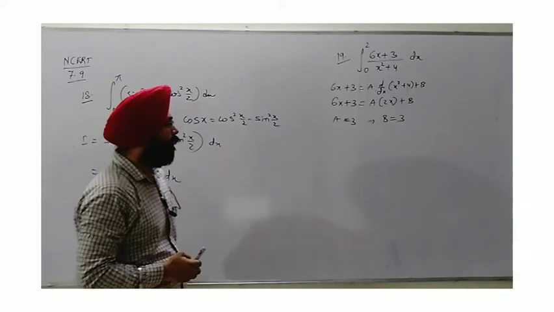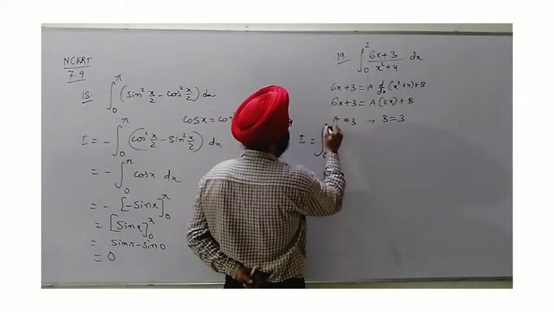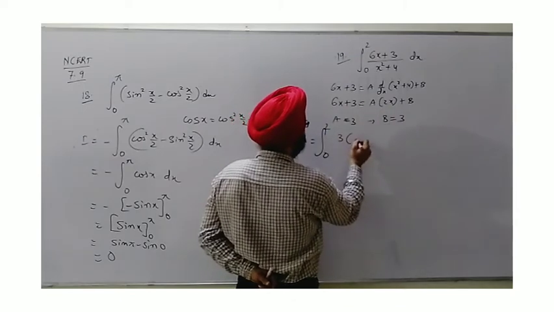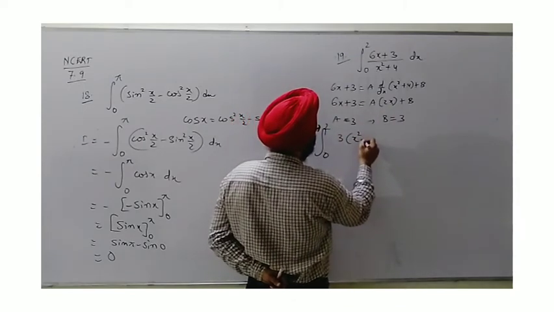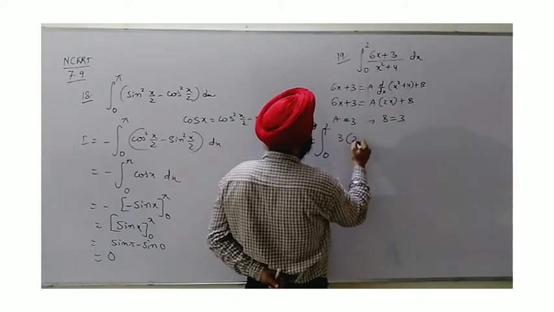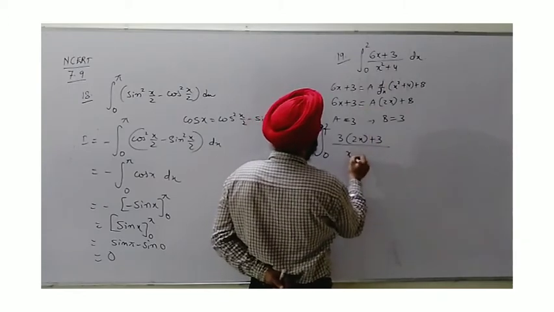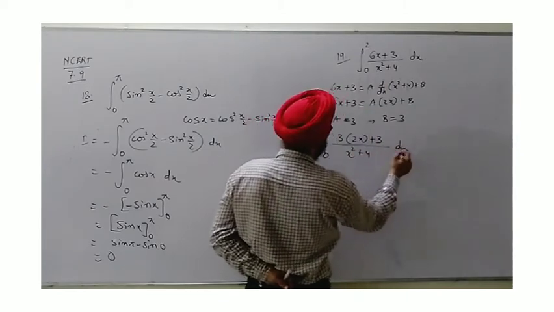Both of them are 3 here. Okay. Now after this we can split up the given integral from 0 to 2. This will become thrice 2x plus 3, 6x plus 3 is equal to that, upon x square plus 4 dx.